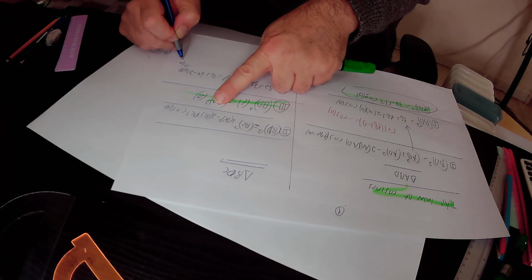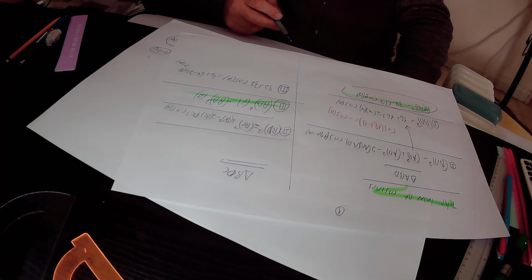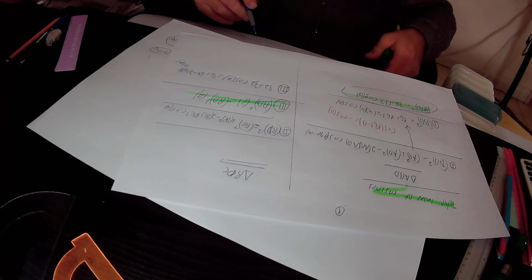And again, in total, we found out that 32 plus 32 times cosine theta equals 36 plus 64 minus 2 times 6 times 8 times cosine theta.